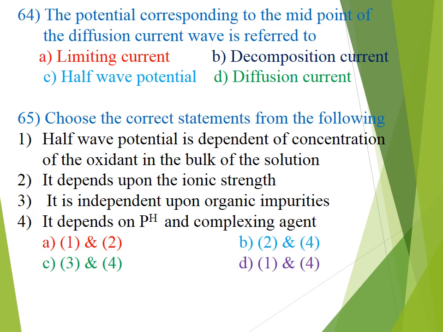It depends upon the ionic strength. 3. It is independent of organic impurities. 4. It depends on pH and complexing agent. Here options 2 and 4 are correct. Therefore, the correct answer is B.